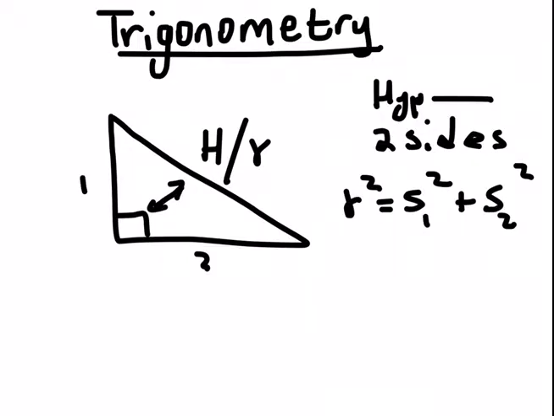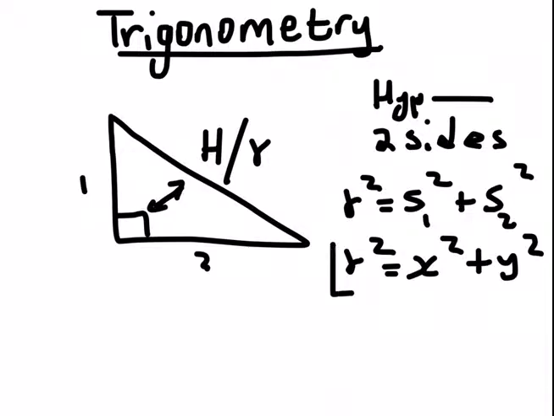It doesn't matter if you write it as r squared equals x squared plus y squared. What matters the most is that you are saying the longest side is equal to the other side and that other side, with each side being squared. So at this stage, this is what we know based on the theorem of Pythagoras.